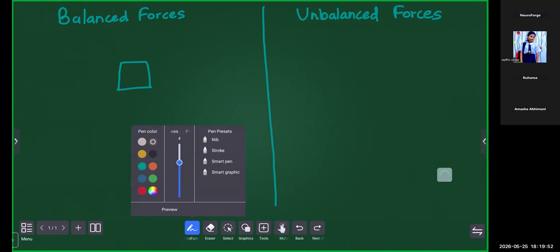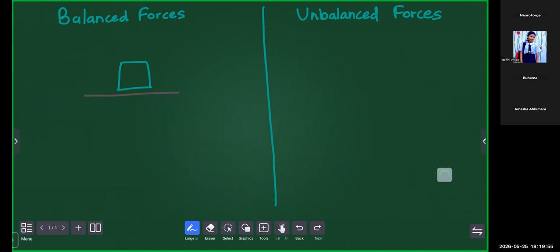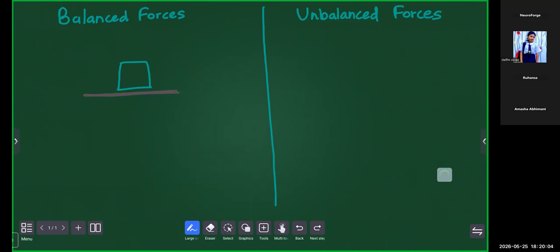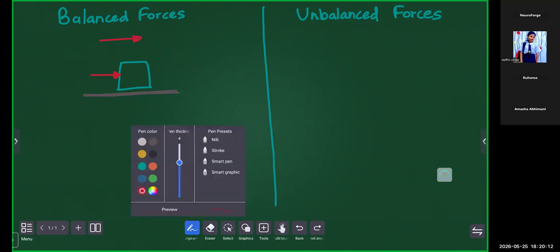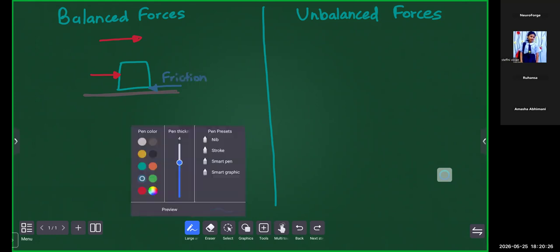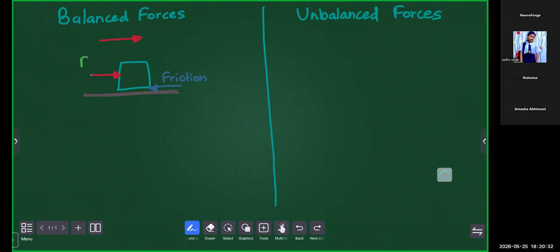This is the floor, or a table. Assume we are going to apply a push force to move this in this direction. But what about friction? Friction is actually to this side, with the floor. This is friction, and this is the force we applied.